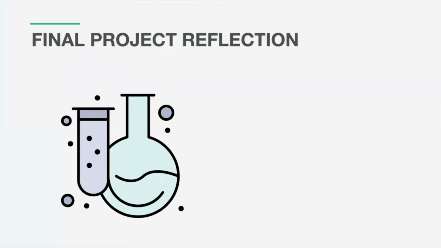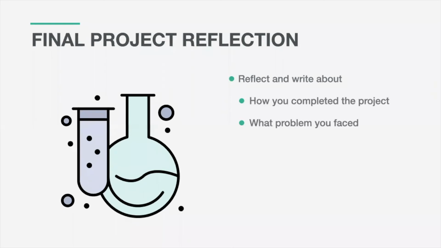All right, let's talk about, we do have just one more assignment. This is the final project reflection. I don't think I had mentioned this before, but you have a final project reflection, just like your midterm reflection. Again, this is to reflect and write about what you did in your project, the problems you faced, what you learned.